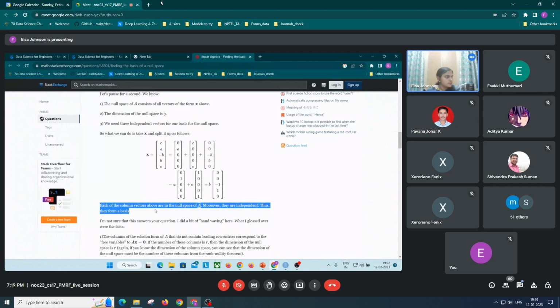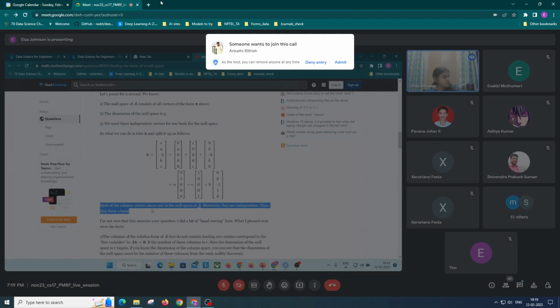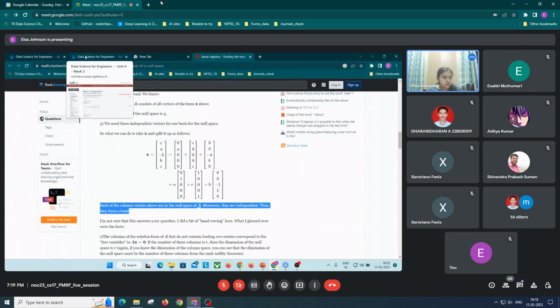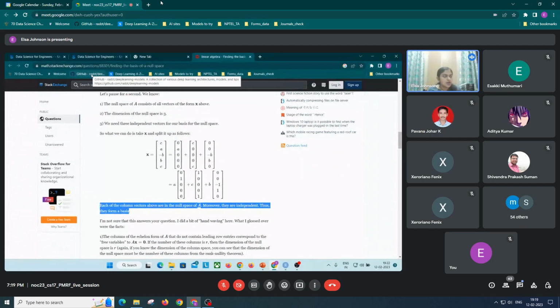So if they have to form a basis, first thing is you should have the number of columns equal to the number which was asked. So if a basis in R4 is required, then you need 4 columns. Then the next thing is they have to be independent.